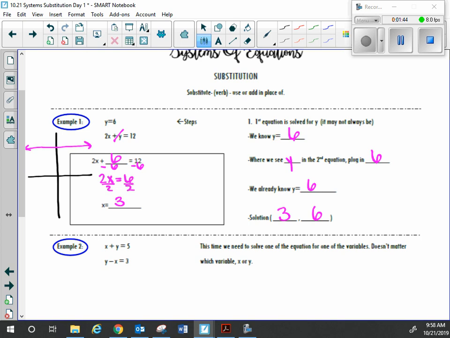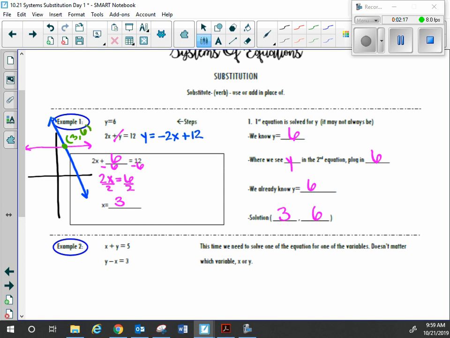And then if I solve this for y equals negative 2x plus 12, it would have crossed right here at 3, 6. Okay?